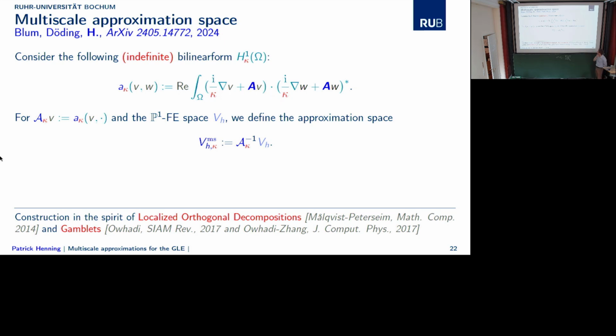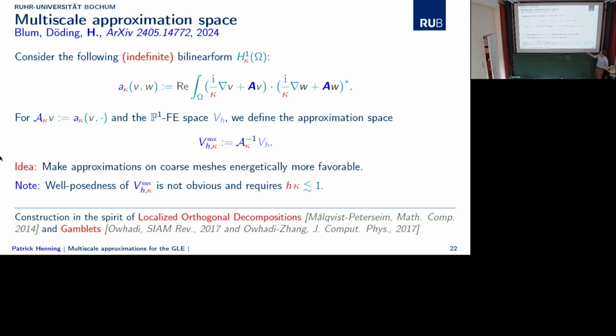Okay, so this is the space, but remember before we had to stabilize it, and I was telling you we have to stabilize it because it's maybe singular, we don't know, and this did not change, but you can actually prove that this is still well posed, provided that h is smaller than 1 over kappa.